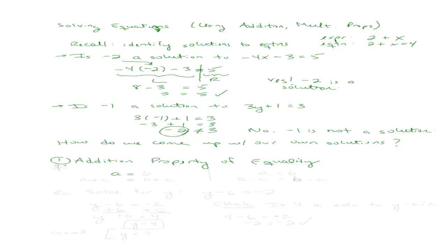If you have an equation like a equals b, and you add the same thing to both sides of the equation, I add some number c to both sides, my equation is still going to be equal. Because both sides of the equation were the same, adding the same amount to both sides doesn't change anything. By that same token, if I subtract the same amount from both sides of the equation, it is still true. I can add and I can subtract amounts from both sides of the equation. As long as they're the same, my equation is the same.